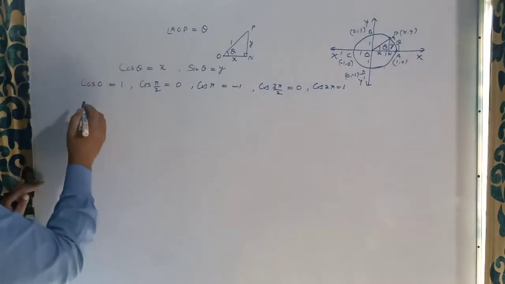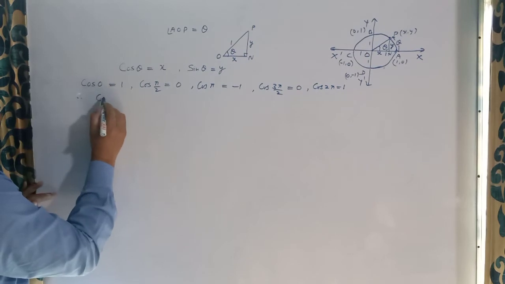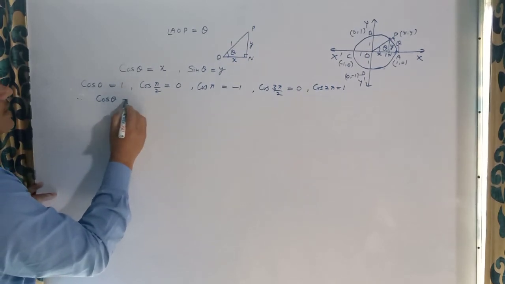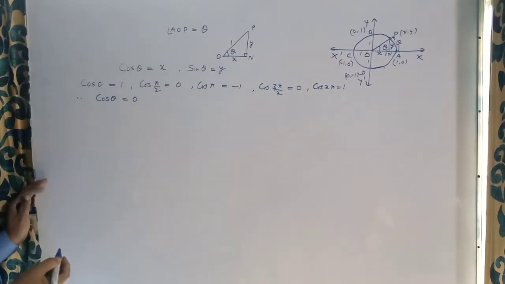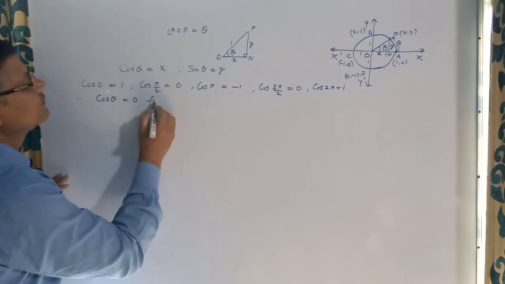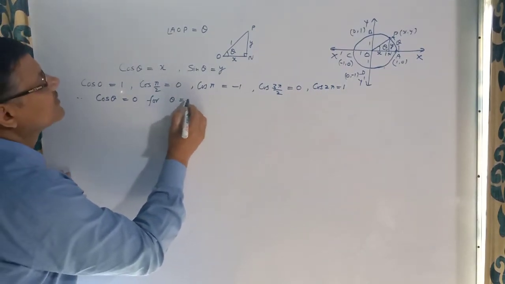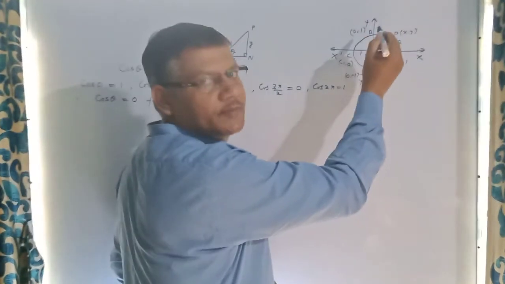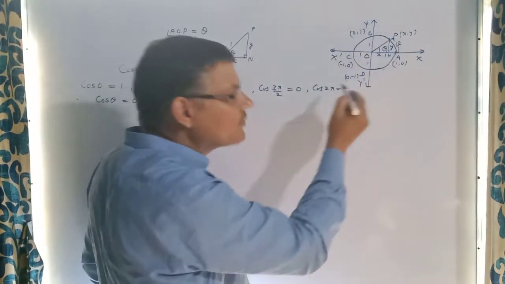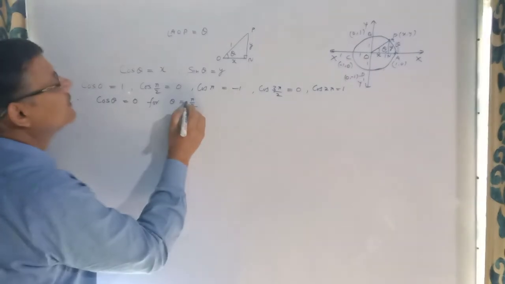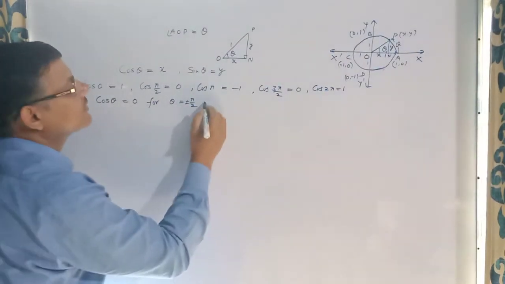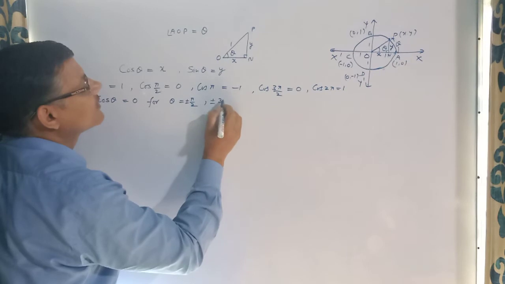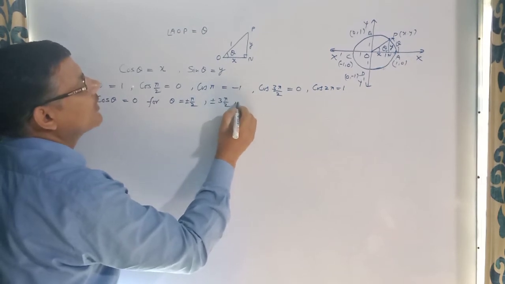Therefore cos theta is equal to 0 for theta equal to pi by 2 when we move anticlockwise. At the same time, when we move clockwise, again it is 0. So it is plus minus 3 pi by 2 and so on.